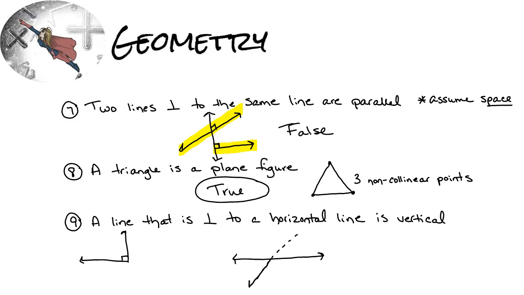And then in the foreground, and then we say that that's 90. Well, this is horizontal, but the second one that I drew is not vertical. So because they're talking about in space, this would be false.